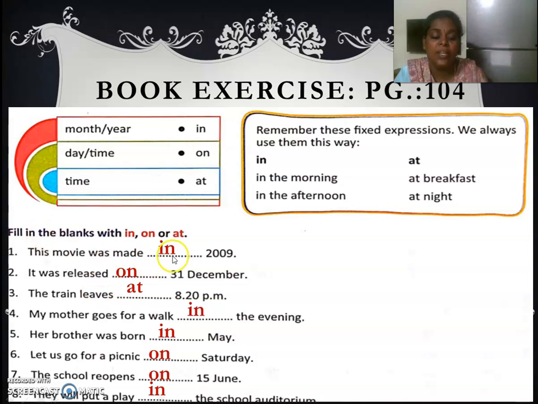So the movie was made in 2009. Movie and 2009, so we are relating them. It is stressing about the time. The prepositions used here are in, on and at.